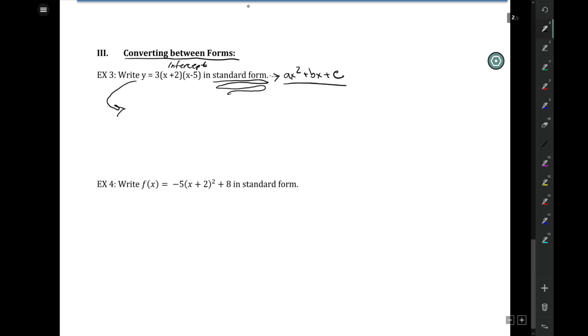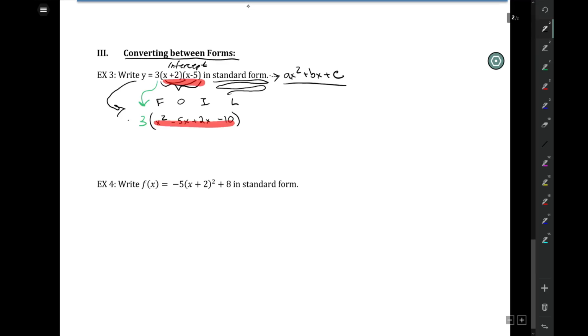So it's really easy. First, you're going to need to remember your foiling skills. Oh no, they're coming back. So you take x times x, which is x squared, outsides, minus 5x, insides, plus 2x, lasts, minus 10. Now, that was just the foiling part. Keep in mind we still have this 3 out front.